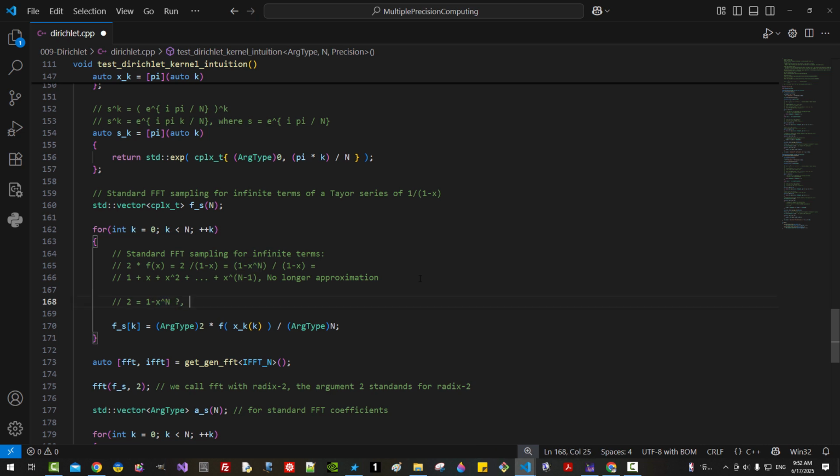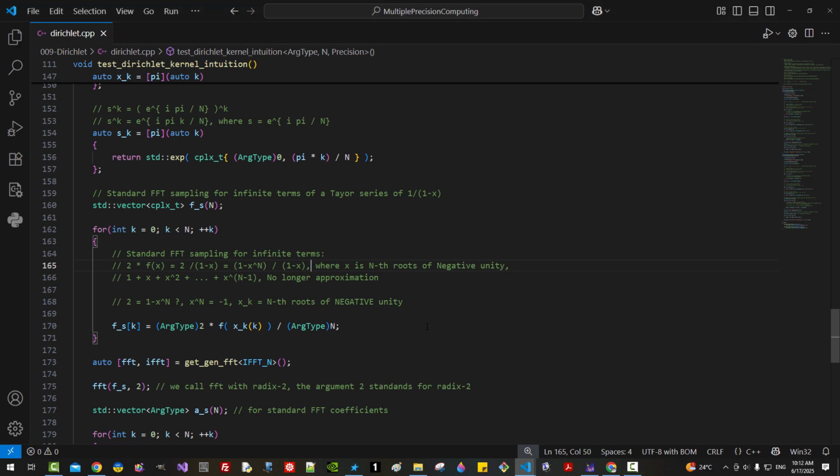Because I let x to the nth power be -1. So x_k, we use the nth root of negative unity. To the nth power, I let it be -1. Then it becomes 2. So, x is the nth root of negative unity.